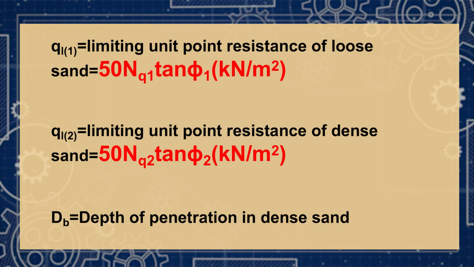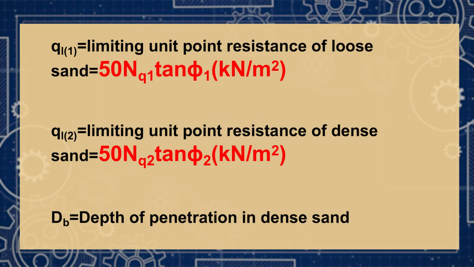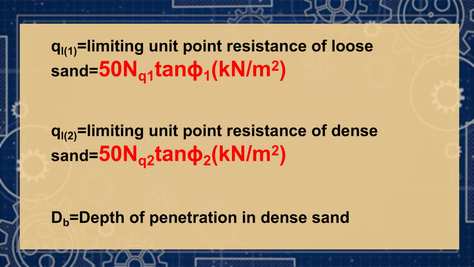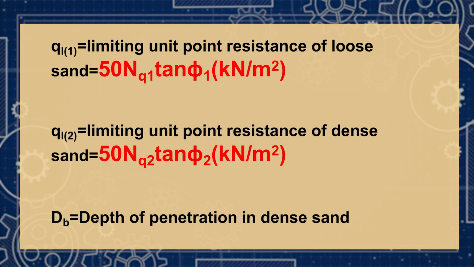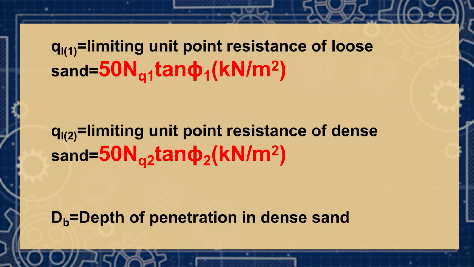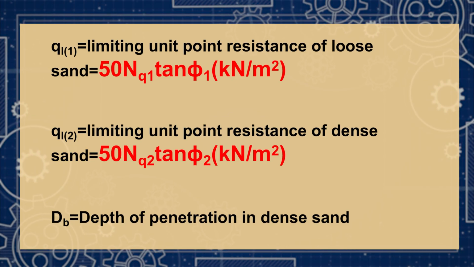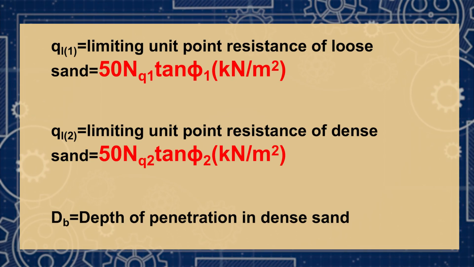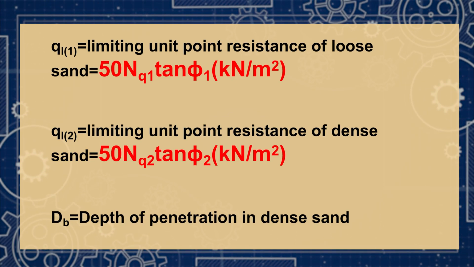We have two stratifications, loose and dense. So the next, the limiting unit point resistance of the dense sand will be 50 Nq2 tan phi 2.